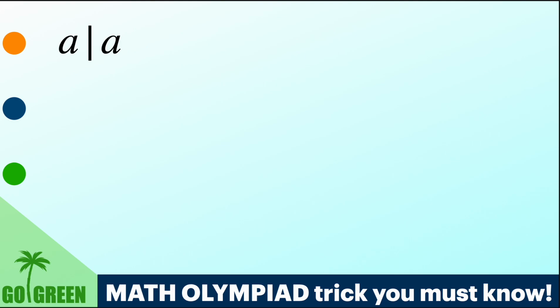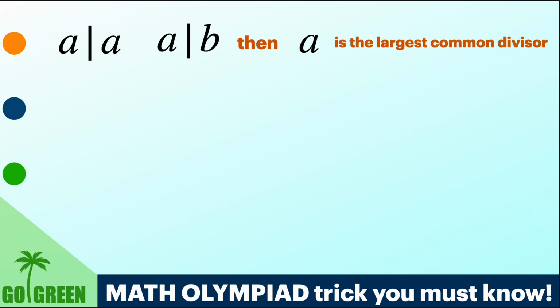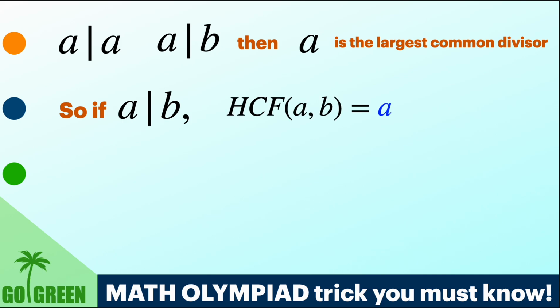Now, if A also divides B, B being the bigger number, then A is the largest common divisor, because A is already a common divisor, dividing A and dividing B. There cannot be anything larger than A that is still a common divisor, because nothing larger than A can divide A. Therefore, A is the largest common divisor, which means if the smaller number divides the bigger number, then the smaller number itself is the HCF. So if A divides B, HCF of A and B is equal to A.